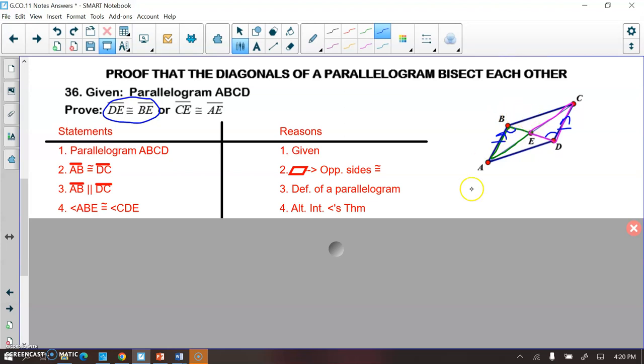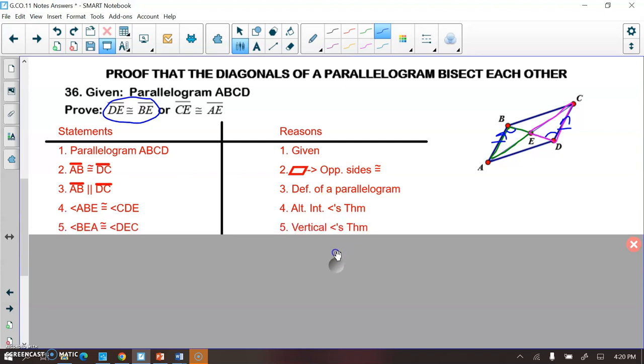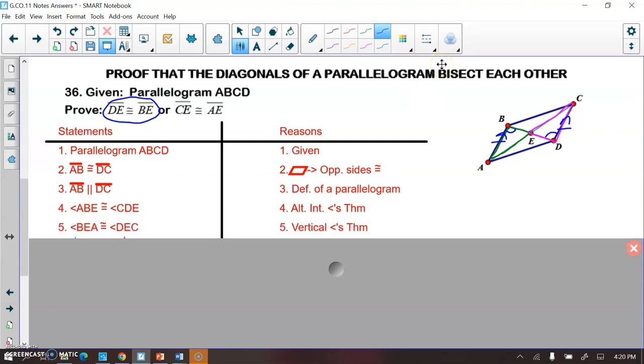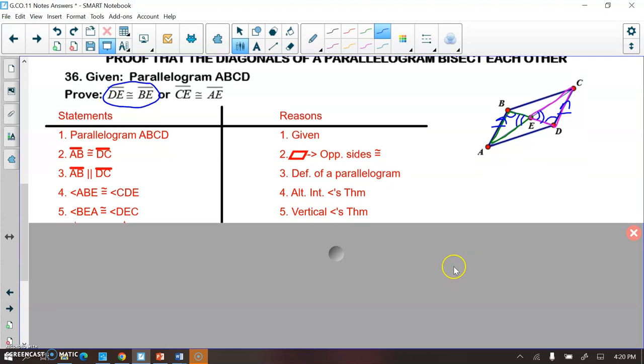You can also use these two parallel lines and this transversal to say angle BAE and angle DCE are congruent by the alternate interior angles theorem. I did not do it that way. I instead used that angle BEA and angle DEC are congruent by the vertical angles theorem.